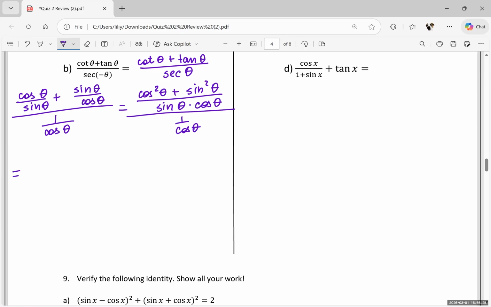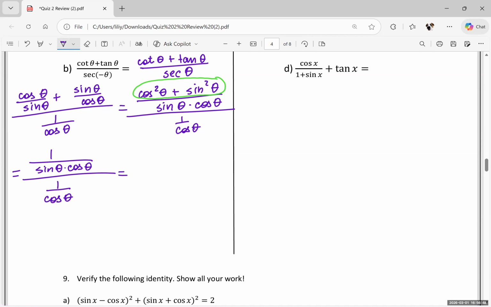Okay, on top, this thing right here, that's just 1. So this is now 1 divided by sine theta times cosine theta, and then divided by 1 over cosine theta.